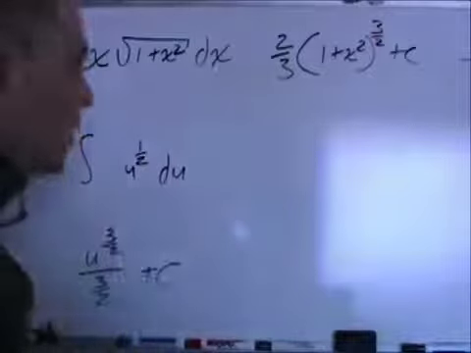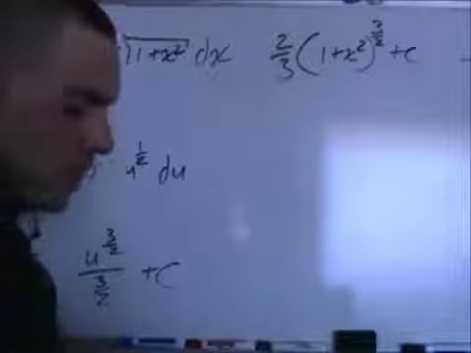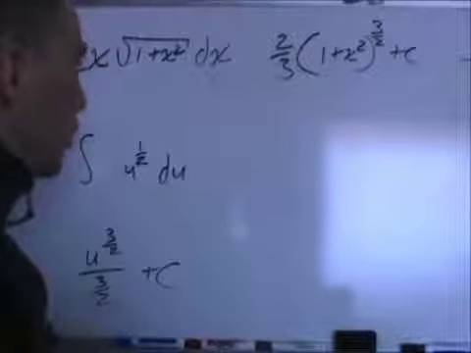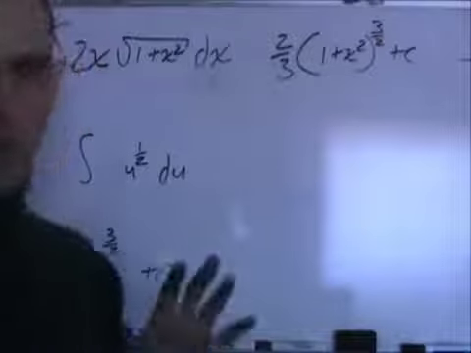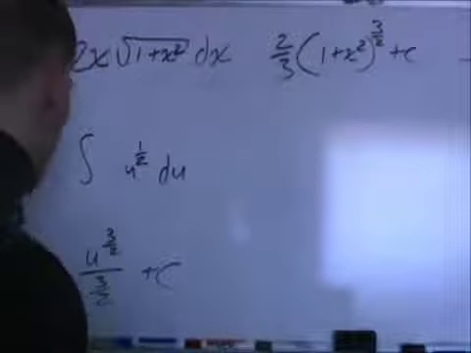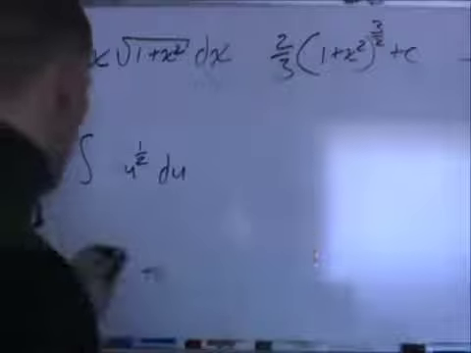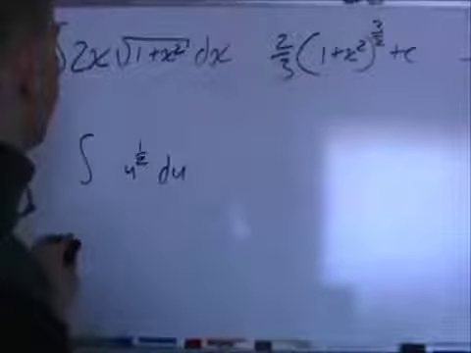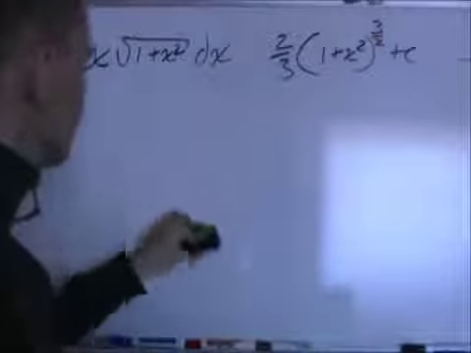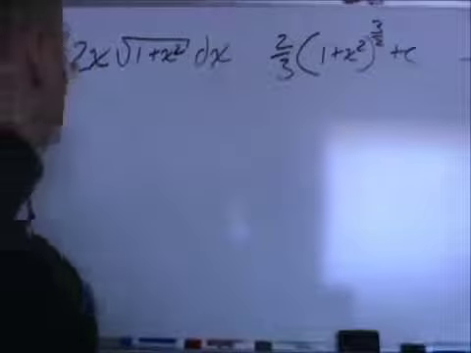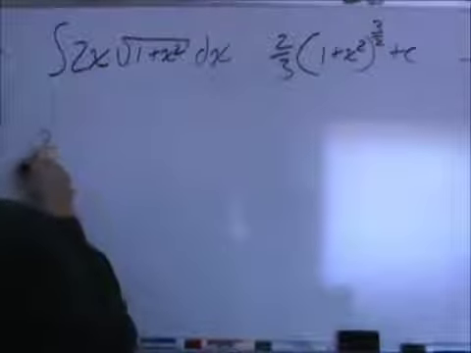Okay, so that's the actual integral here. And like good calculus students, we should want to check this, so that's where the chain rule is going to come in. Okay, so I've got my constant out front. I'll try to make it correct.